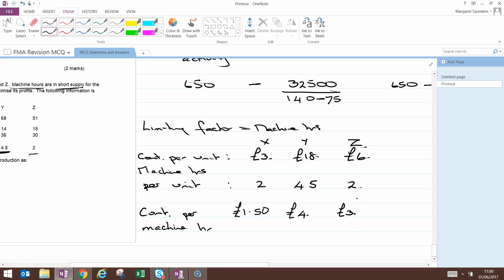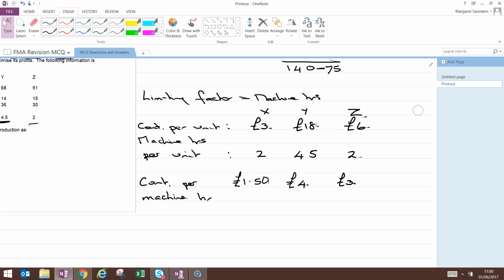Now if machine hours are in short supply, we obviously want to produce the product that earns us the most per machine hour. So putting them in order of production, we would produce product Y first. Then if we had machine hours left over, we would do Z because that earns us £3 per hour.